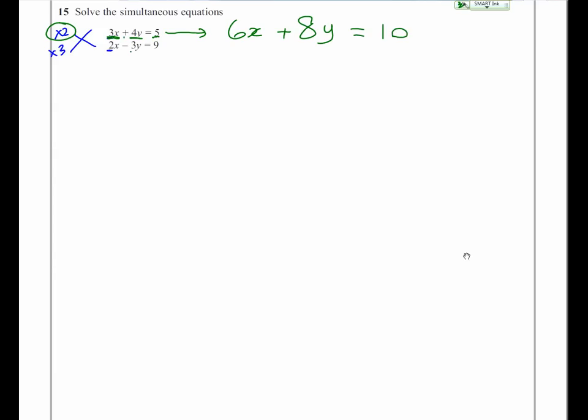Next one, we have to multiply everything on this equation by 3. So 2x times 3 is 6x. 3y times 3 is 9y. 9 times 3, we had to do that a minute ago, 27. It's an equals there, and it's a negative here. Okay, right. A couple of different ways to go about this one.